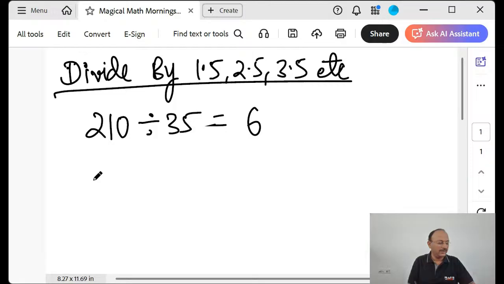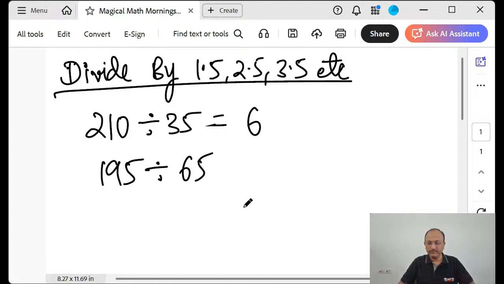Very good. Let's take this: 195 divided by 65. Try this. Doubling concept, I said, no. In one session, we practiced the doubling of numbers. Yes. We should practice those basics.